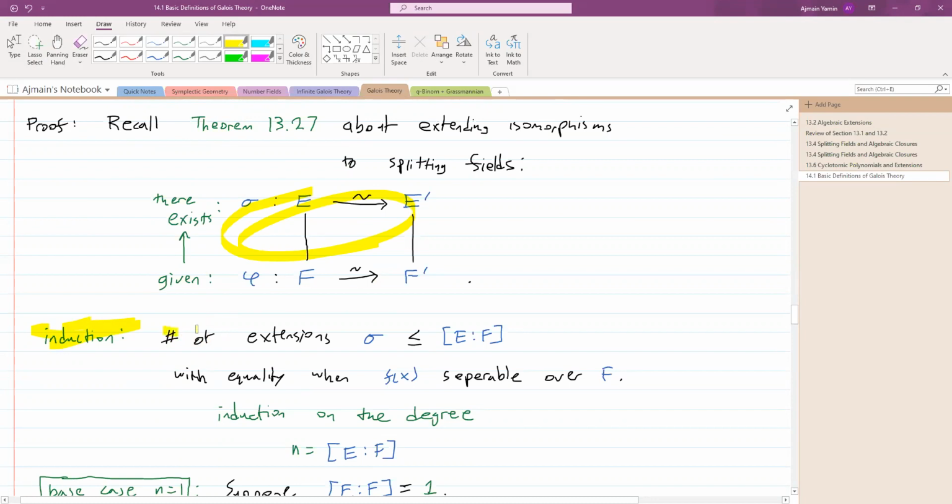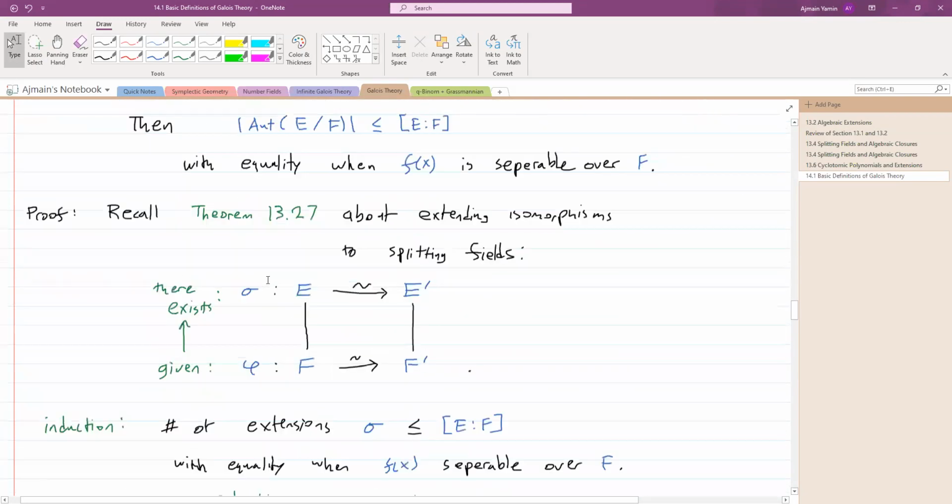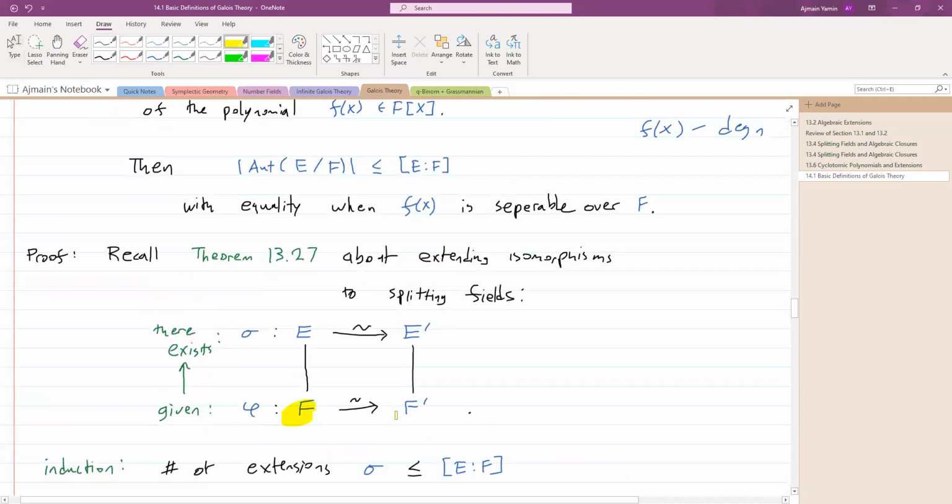So we count the number of extensions sigma of these isomorphisms. The situation we're concerned with is when F equals F prime, so you have an automorphism of F, and the splitting field E equals E prime, so you have an automorphism of E. You're given the identity on F, because you want sigma to extend the identity.